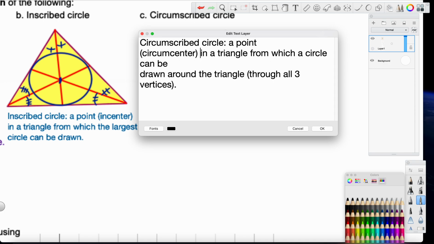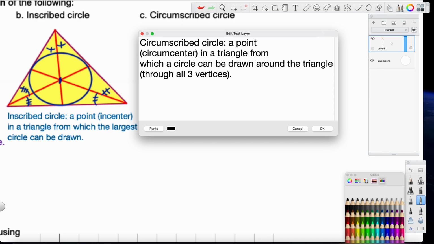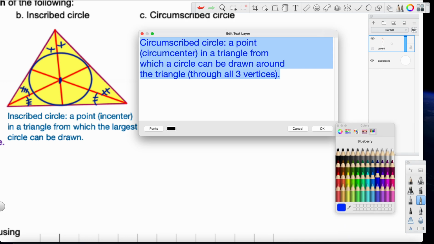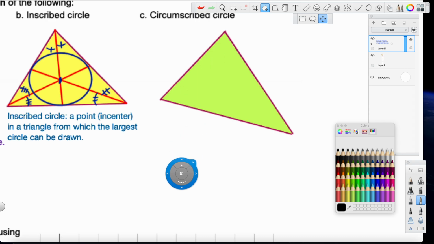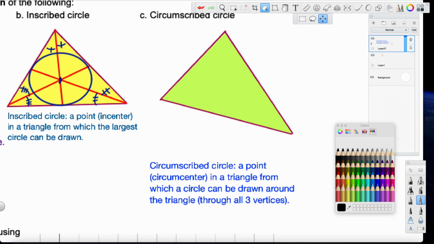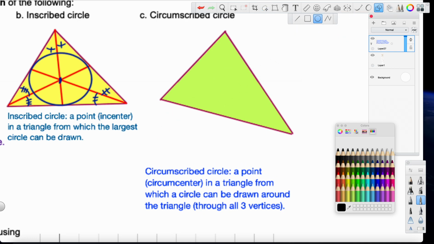Let's format this a little bit. All right, so this circle, I'm going to put down here. So we need to make perpendicular bisectors for this one, right?